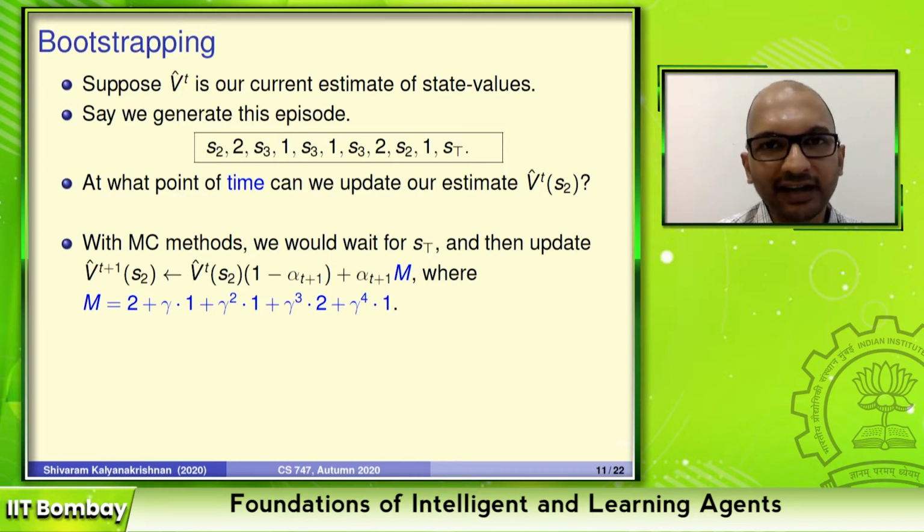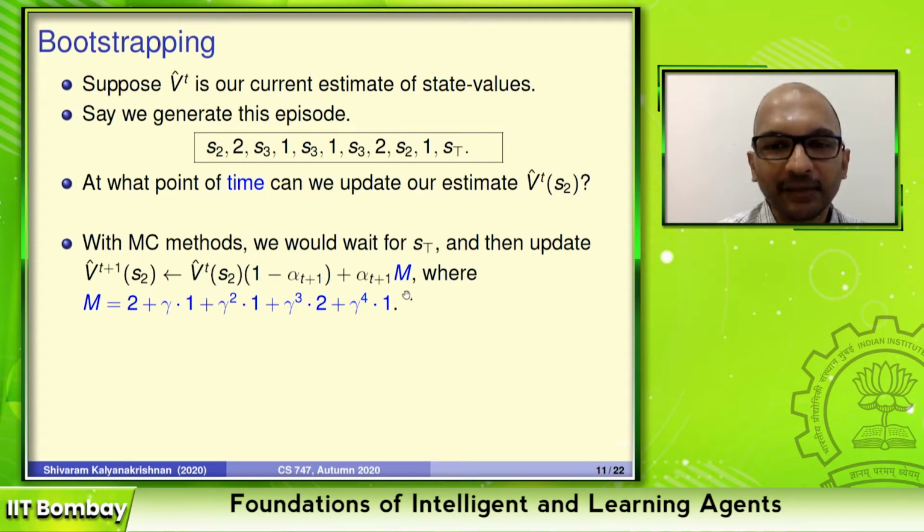So at this point we have the long-term reward: 2 plus gamma times 1 plus gamma squared 1 plus gamma cubed 2 plus gamma to the 4th 1. And that's a sample of what you can get starting from S2. So you go ahead and make the learning update. I'm writing it down as an online update over here.